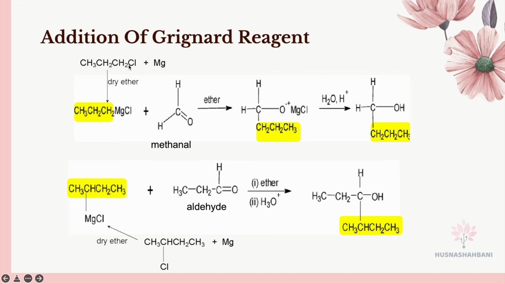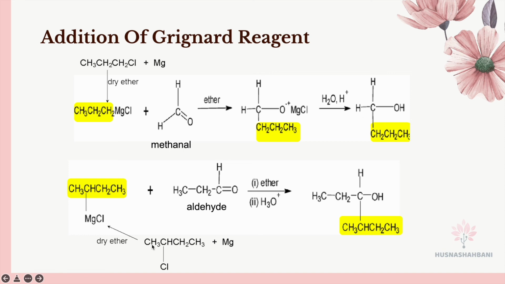Here, the Grignard reagent is prepared in situ before we do the reaction with Grignard reagent. So make the Grignard reagent first. This is our Grignard reagent. Reacts with methanal. The product will be primary alcohol. This is primary alcohol.